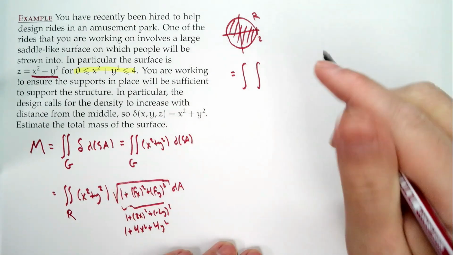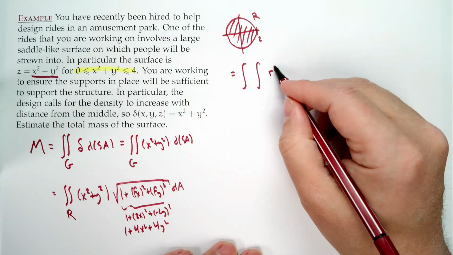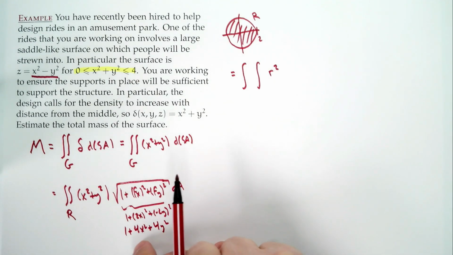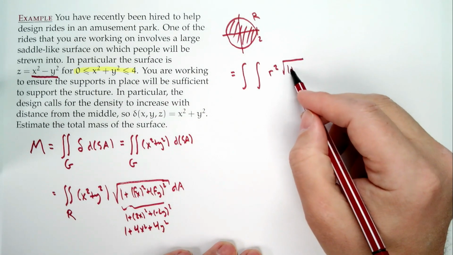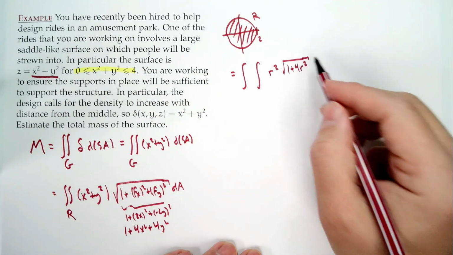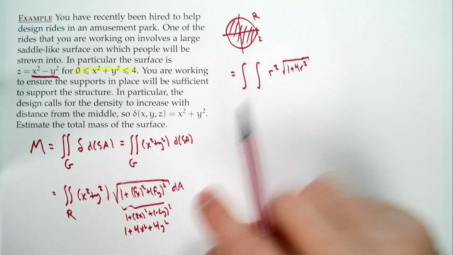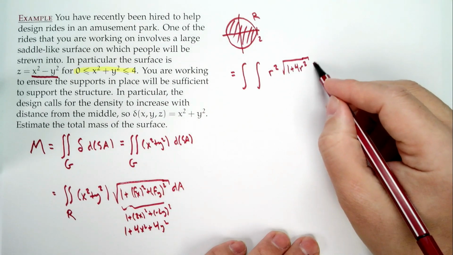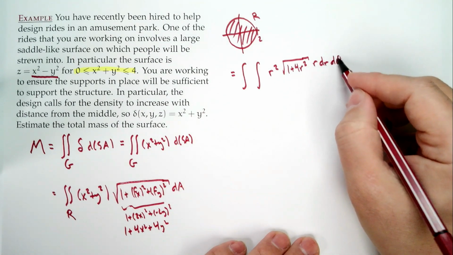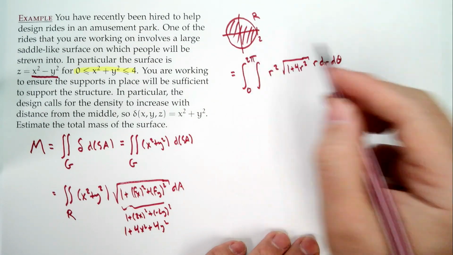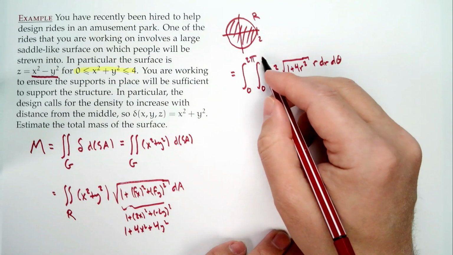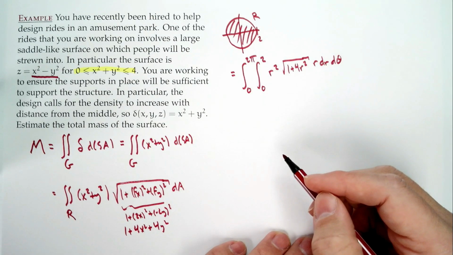X squared plus y squared becomes r squared. Square root of 1 plus 4x squared plus 4y squared becomes the square root of 1 plus 4r squared. And then our dA becomes r dr d theta. Theta, full circle, 0 to 2 pi. R, 0 to 2, so radius 2.